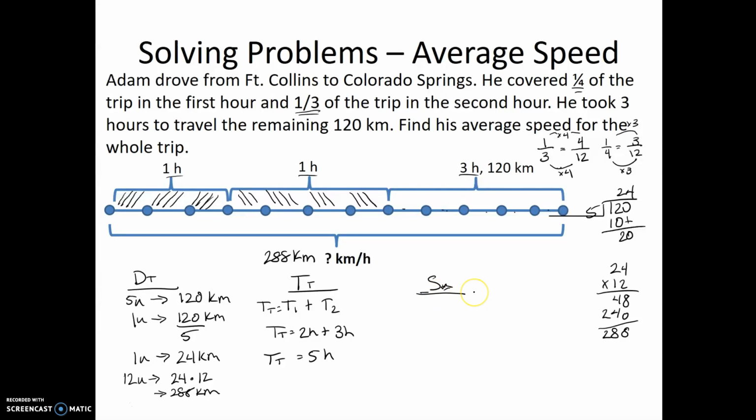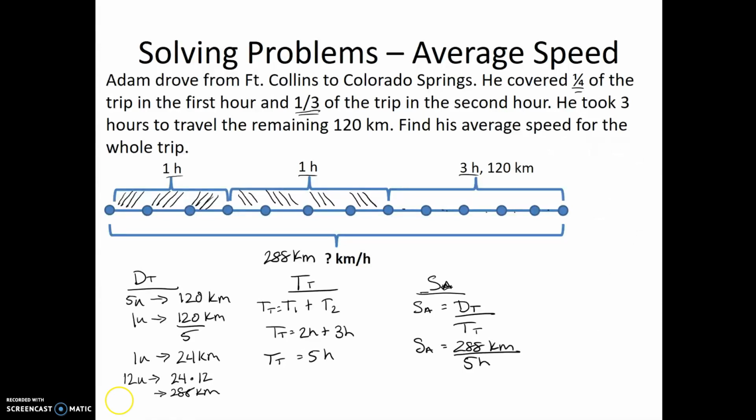Sorry about the slide progressions there, you guys. Average speed is total distance over total time. So 288 kilometers divided by 5 hours. And yes, I'm going to end up with a decimal. I'm going to make some room over here to do that math with you. We have 288, and we want to divide that by 5. 5 goes into 28 5 times. 5 times 5 is 25.